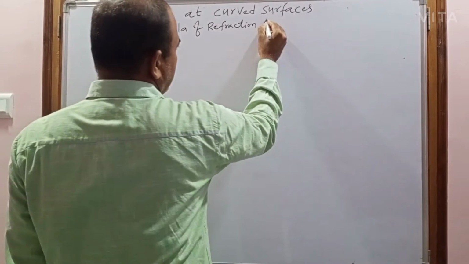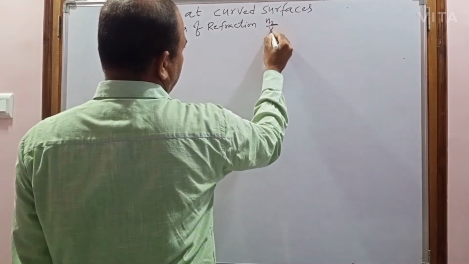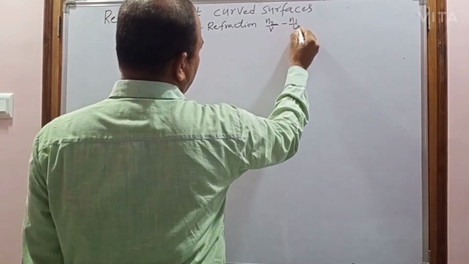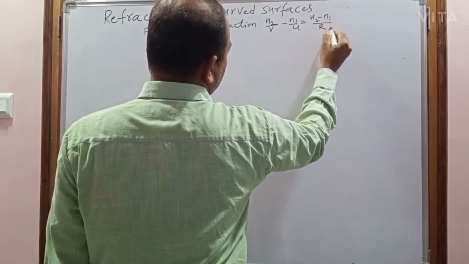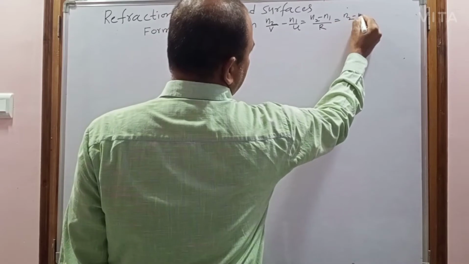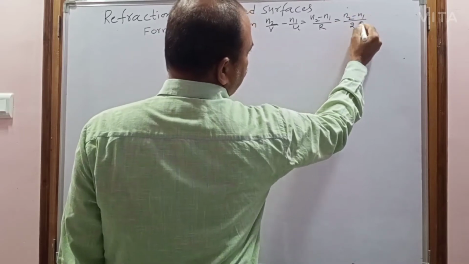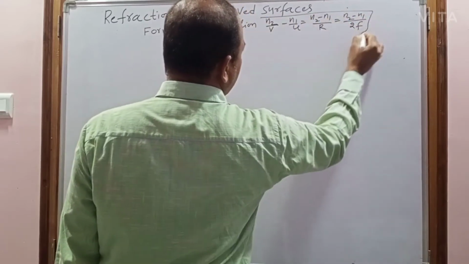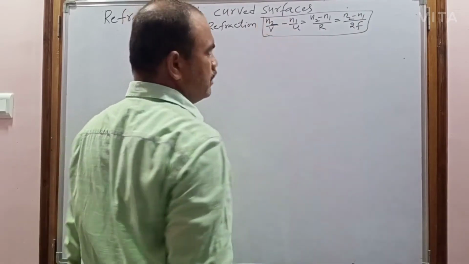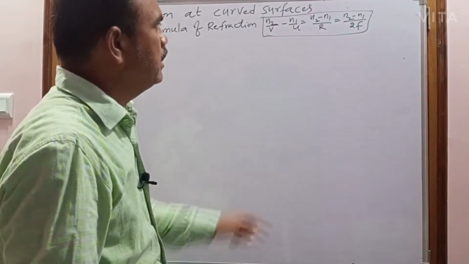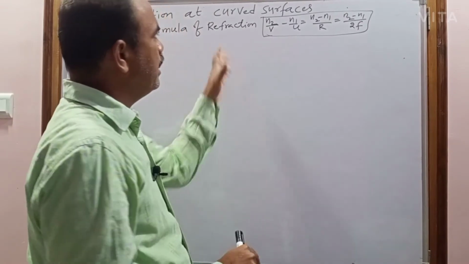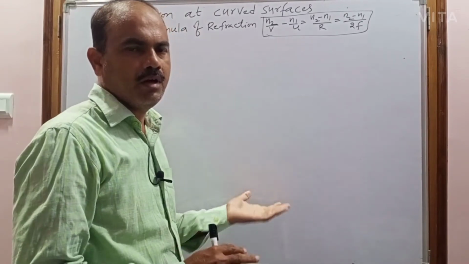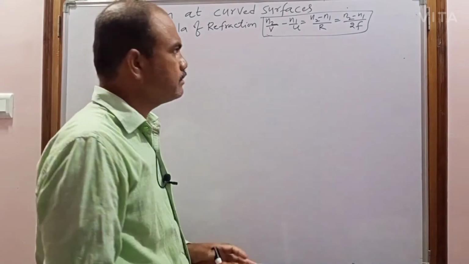The formula is n2 by v minus n1 by u equals n2 minus n1 by r, which equals n2 minus n1 by 2f. This formula can be used for any curved surface, whether concave or convex.